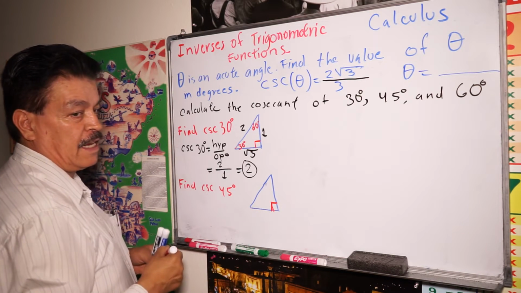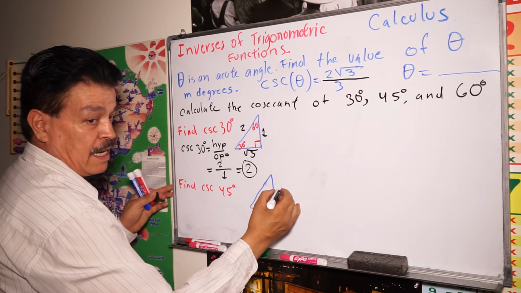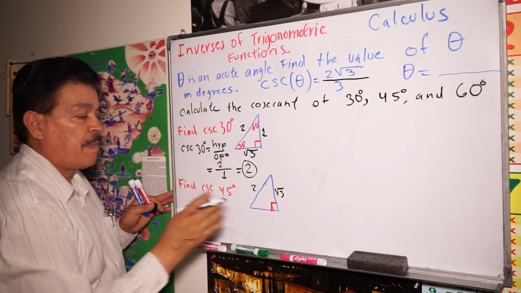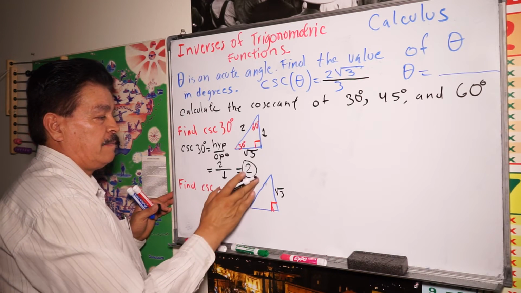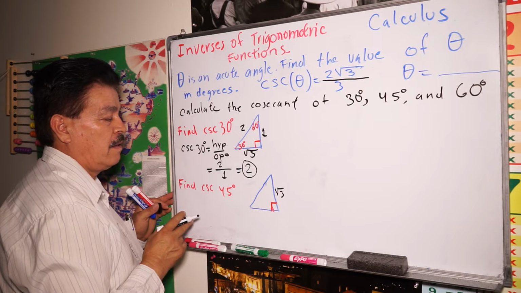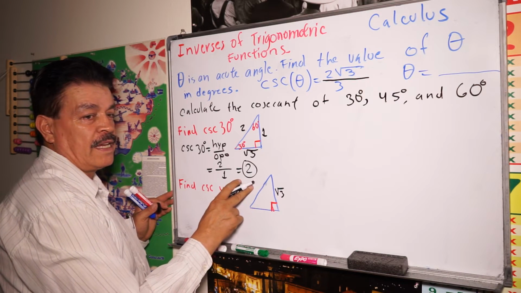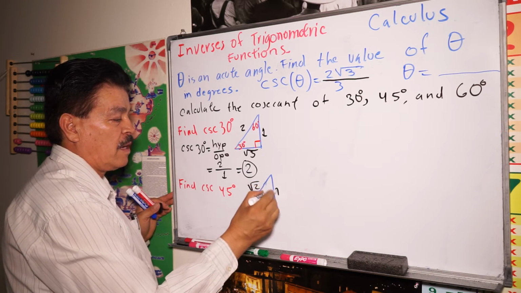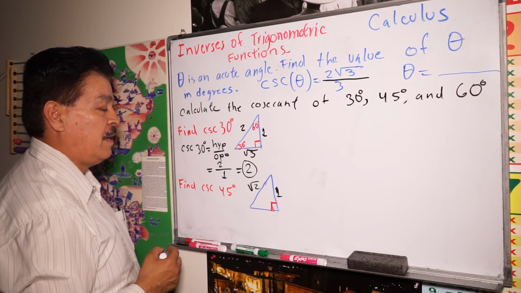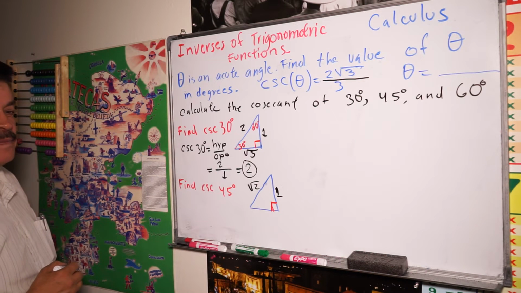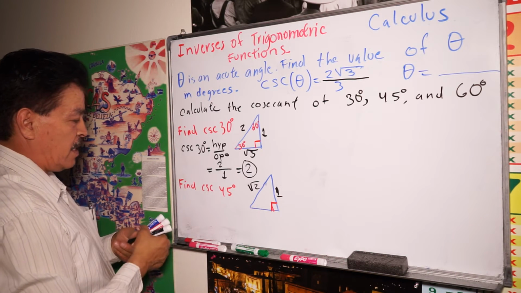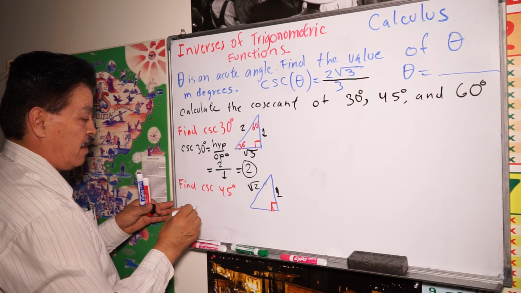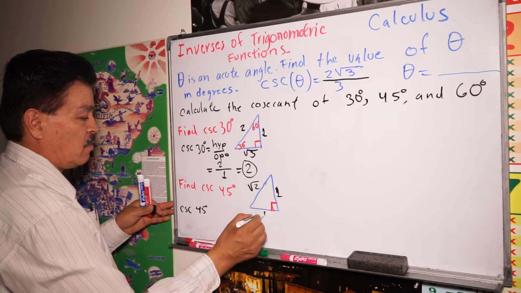The hypotenuse is square root of 2, and the two legs are 1 and 1. So the cosecant of 45 degrees is the same thing.